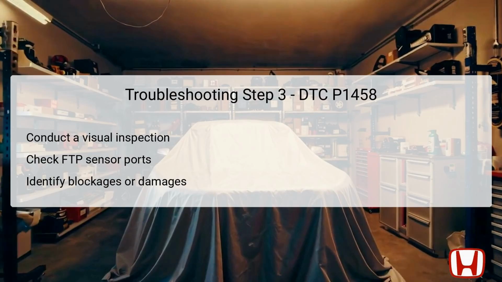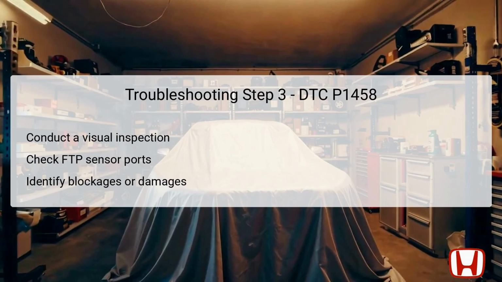With the FTP sensor removed, technicians should carefully inspect both the evap canister side and the vent side for any blockages or damages. This step is crucial, as any obstruction may prevent the sensor from receiving accurate pressure readings.